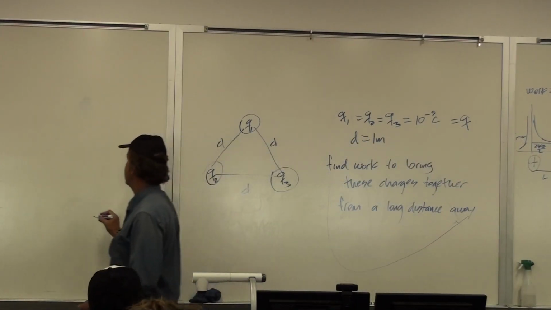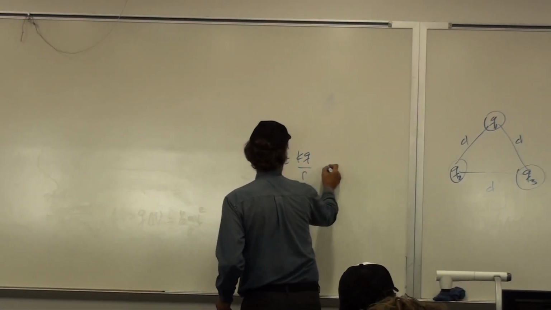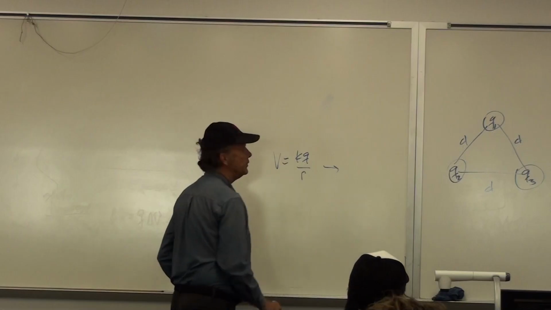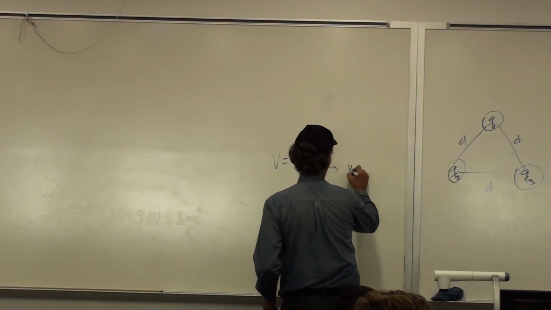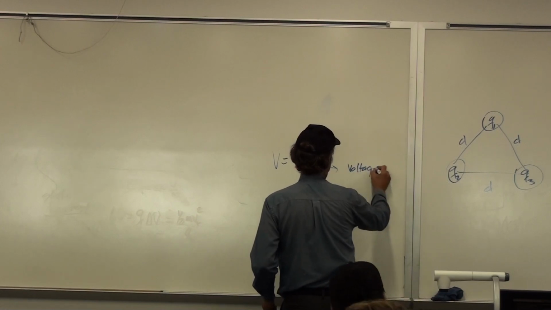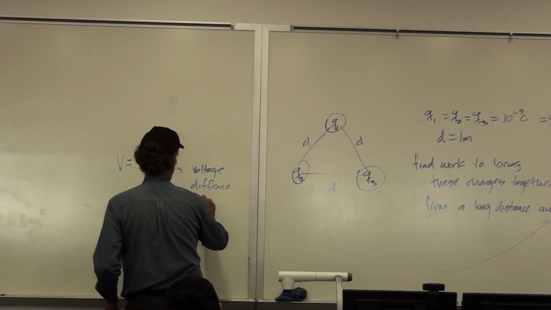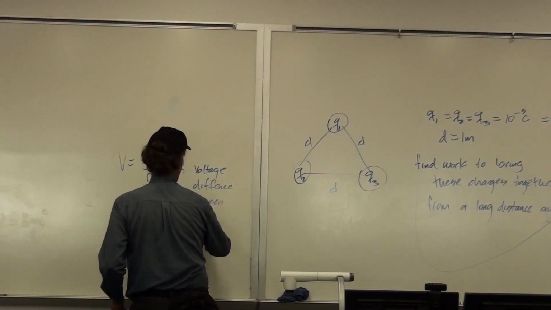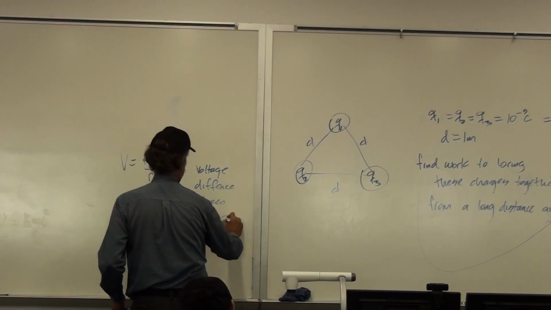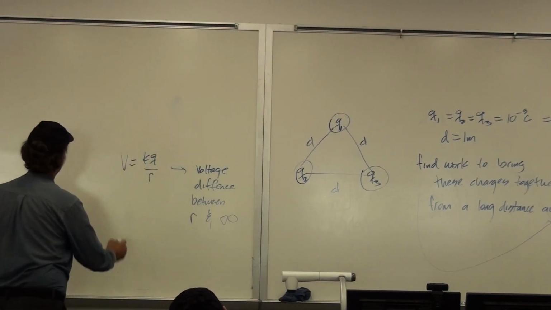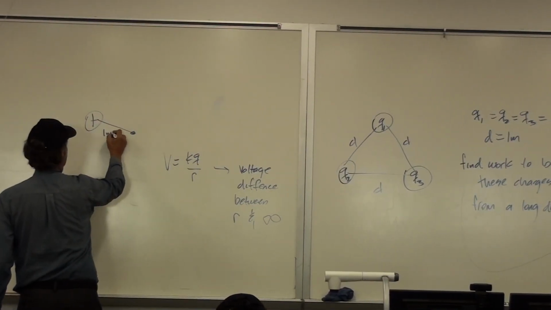Okay, so when we say here V is equal to kQ over r, what we really mean is that this is the voltage difference between r and infinity. So if I have a positive charge here, let's say this is 1 meter away.